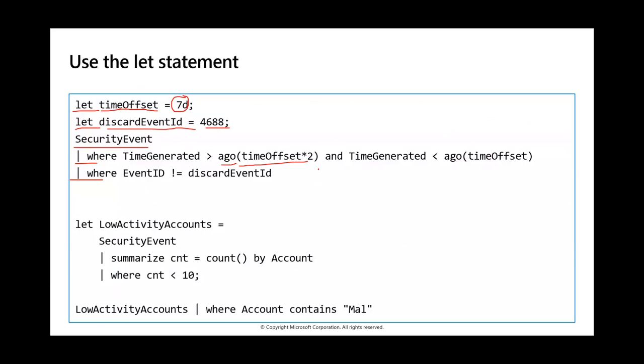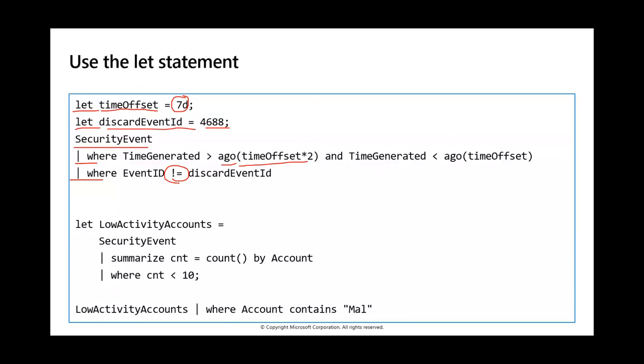Where and summarize are operators, while the equals, double equals, greater than, and less than are expressions. The same goes for not equals, with the exclamation mark and the equals sign, which basically represents a not-equal expression.